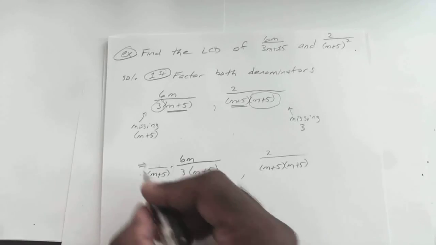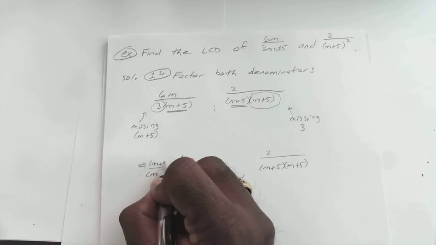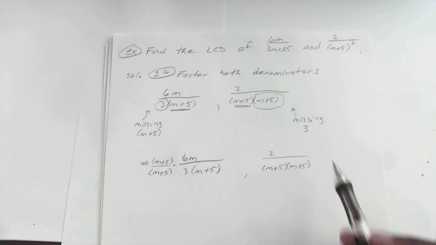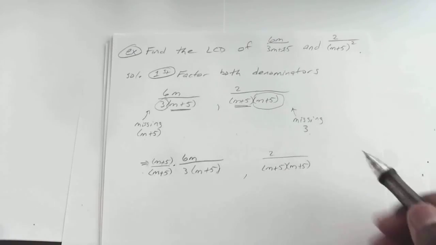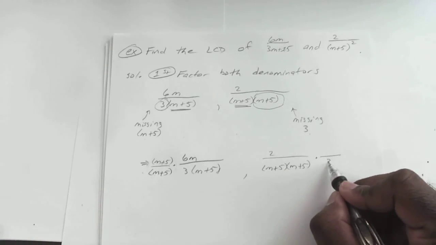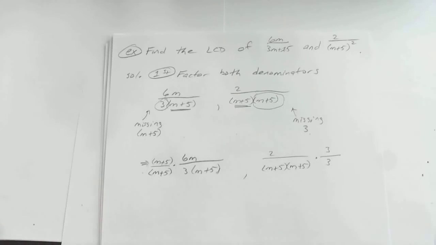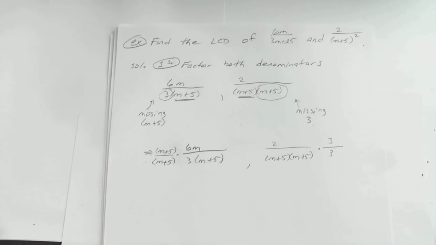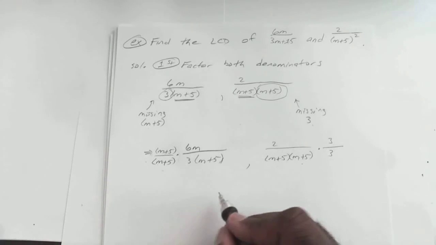but we have to do the same thing to the numerator. And this one, we know we're missing a 3 over here, so we multiply this one by 3, but we do the same thing to the numerator. So we have m plus 5 times m plus 5 times 3, m plus 5 times m plus 5 times 3.